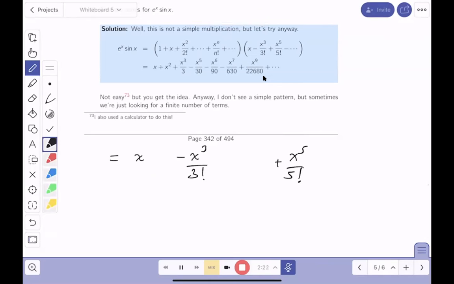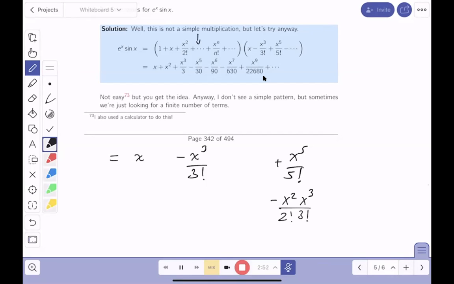So what would the fifth one be? That would be x squared over 2 factorial times x cubed over 3 factorial. Oh, let's see where that came from. I think I'm missing somebody over here, right?